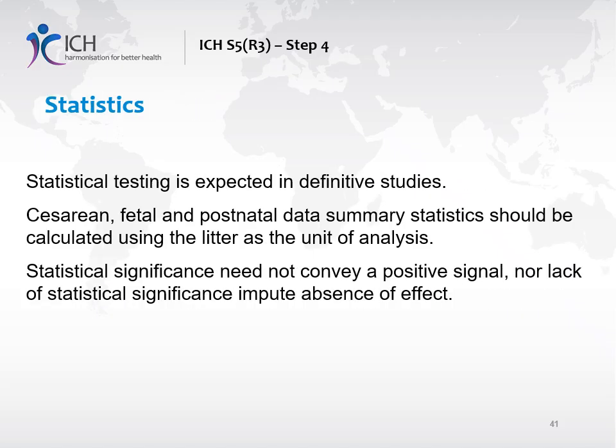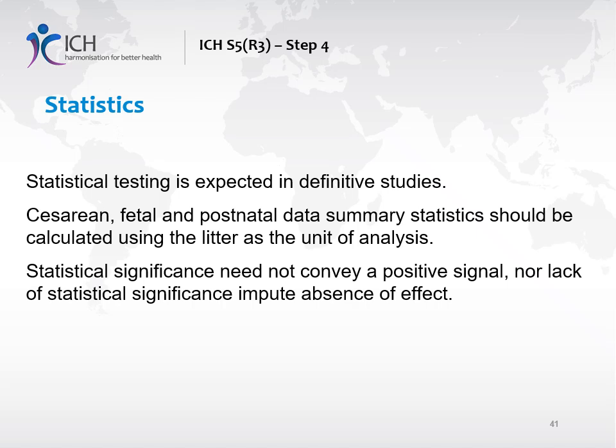Statistics. Statistical testing to assess the significance of differences between the treated and control groups is expected in definitive studies. Many of the datasets from DART studies do not follow a normal distribution, necessitating the use of non-parametric statistical methods.